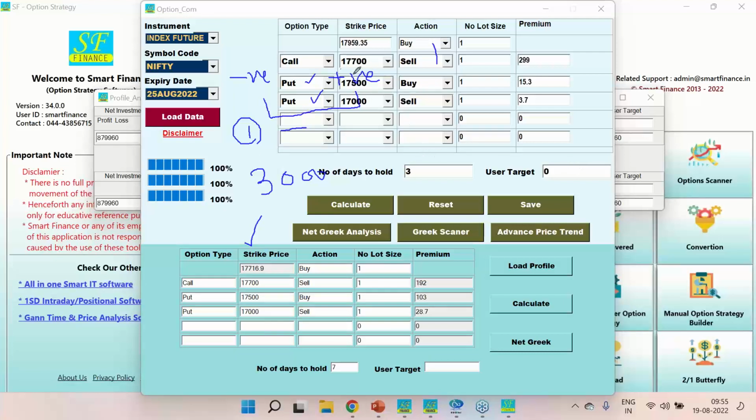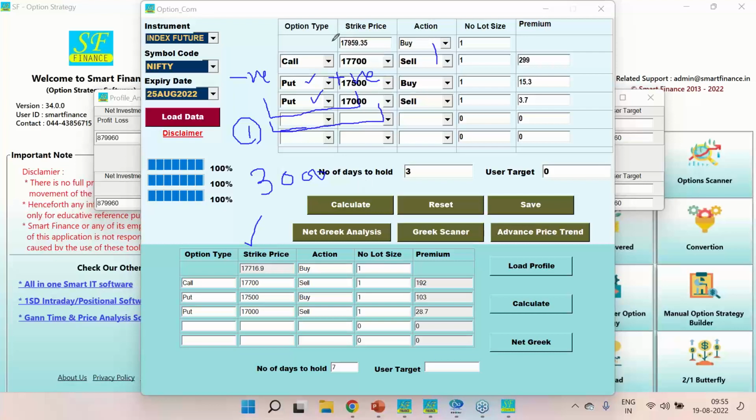So you may ask me how I will neutralize. One strategy, the covered call, is giving me profit from negative to positive. Another strategy is giving me profit from positive to negative. So if you want to form a neutral view, in Bank Nifty you can form a covered call, and in Nifty you can form a covered put. So you are neutral.